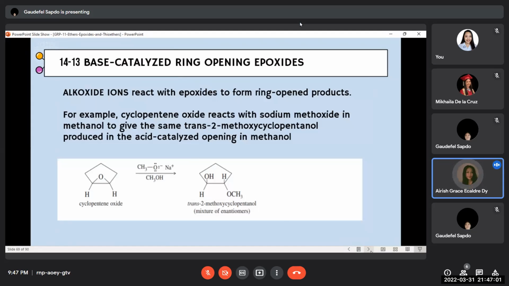Like hydroxide, alkoxide ions react with epoxides to form ring-opened products.